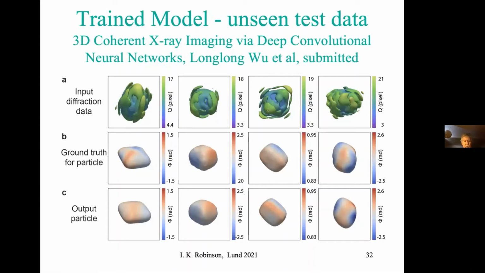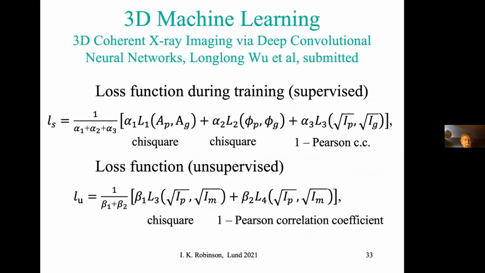But again, there is still some significant chi-square between what comes out from the machine learning and the actual. This is for ideal data, so we know what the answer should be, and there is still a difference between the two.